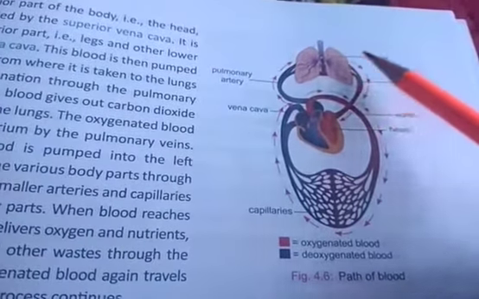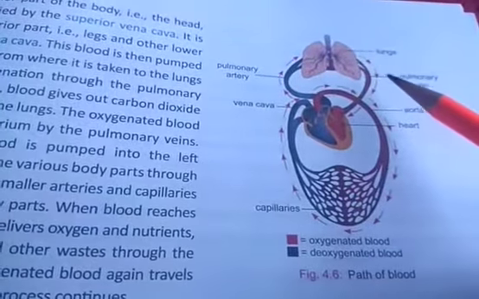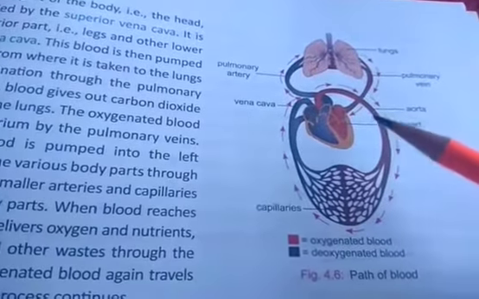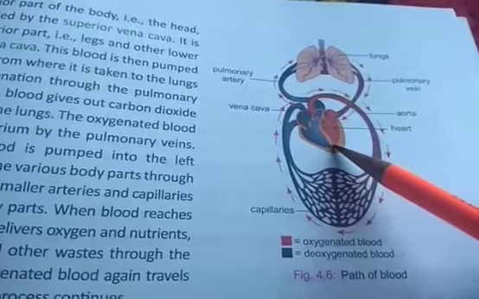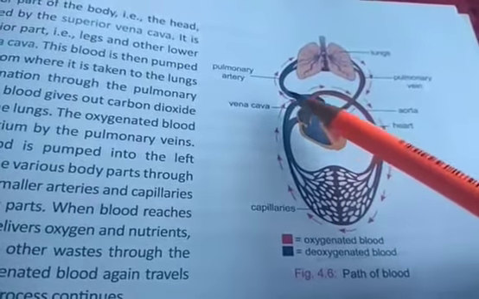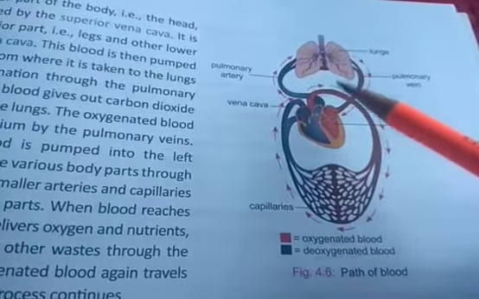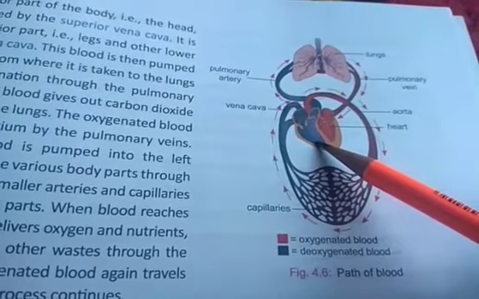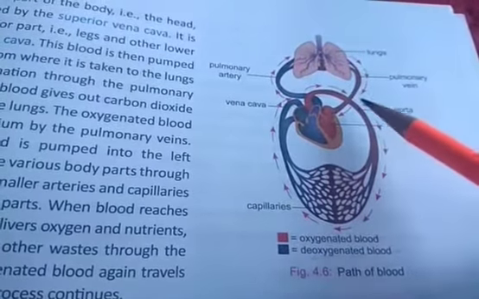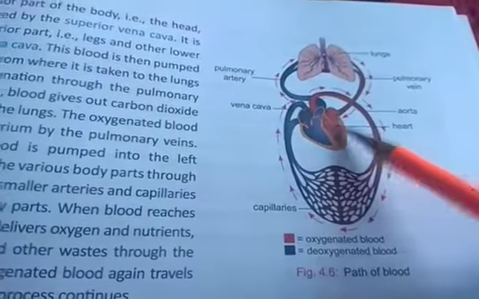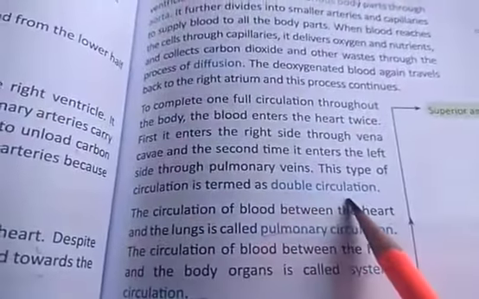So in this complete single cycle of the blood flow, how many times does the blood pass through the heart? It passes two times. So that's why this sort of circulation is called double circulation, where during a complete single cycle of blood circulation the blood passes two times through the heart. Okay, so it is given over there, that is called double circulation.